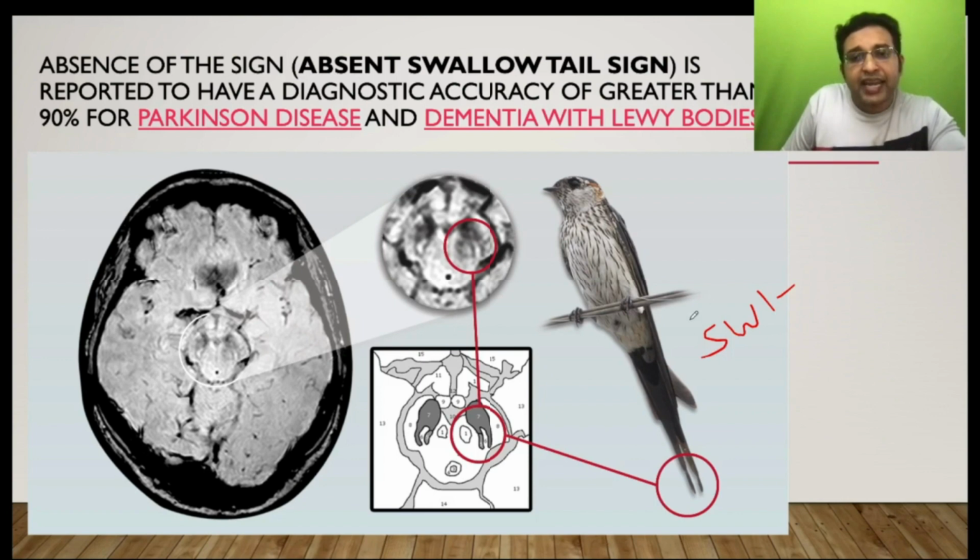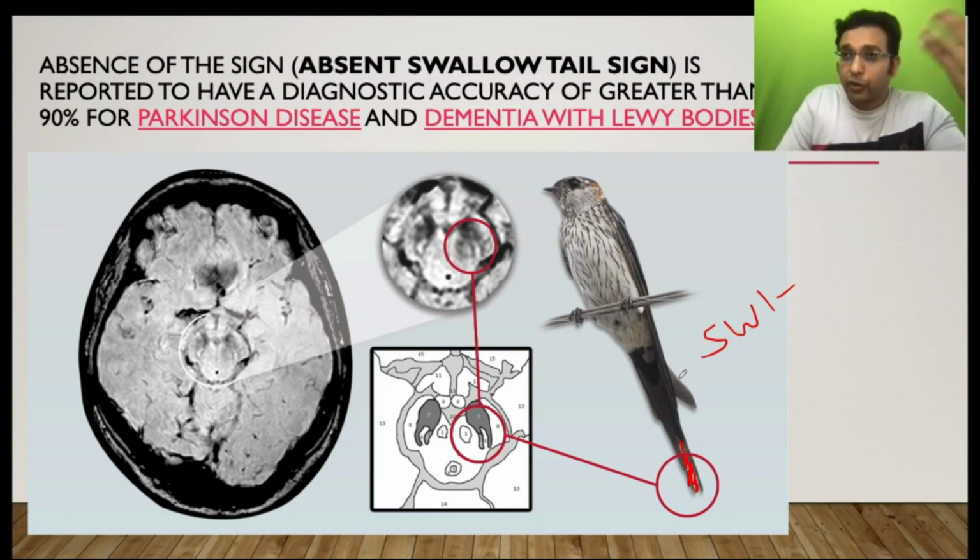So when there is an absence of this, when you cannot differentiate the swallowtail, so it is getting fused between each other, it is called absent swallowtail sign, and it is now considered to have a high diagnostic accuracy in differentiating a normal person from a patient with Parkinson's disease or dementia with Lewy bodies.